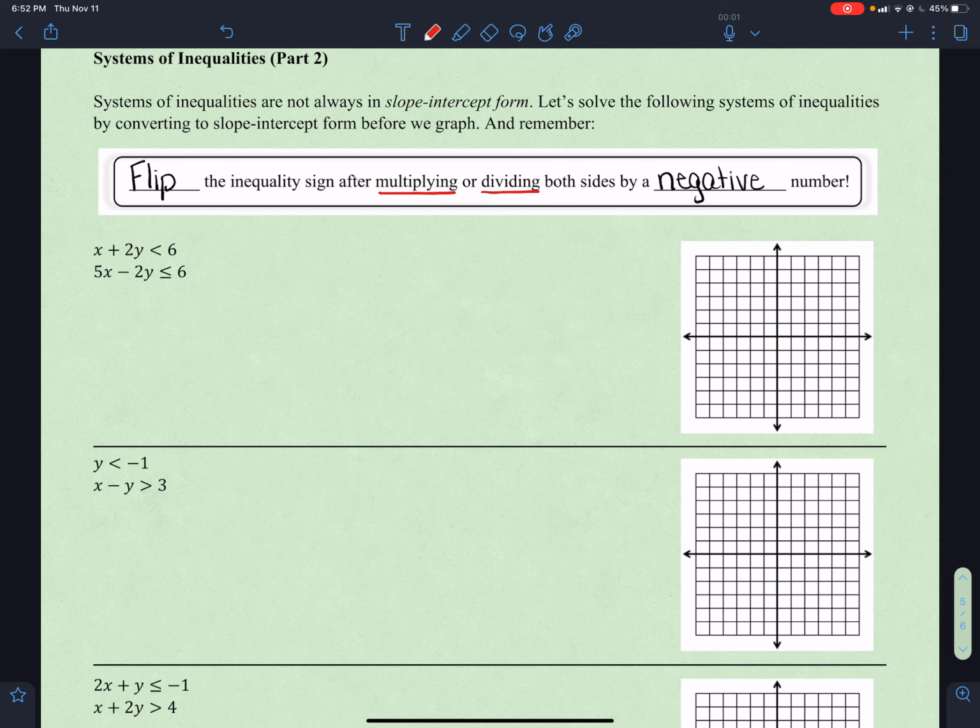So take that first equation where we have x plus 2y is less than 6. All right, first thing I'm going to do is go ahead and subtract x from both sides so that I can move it over to the other side of the equation.